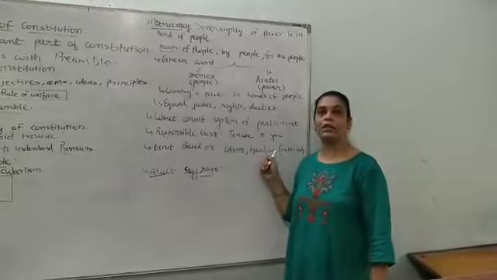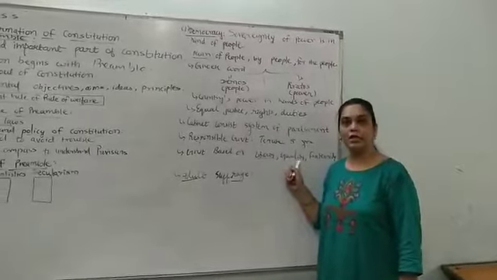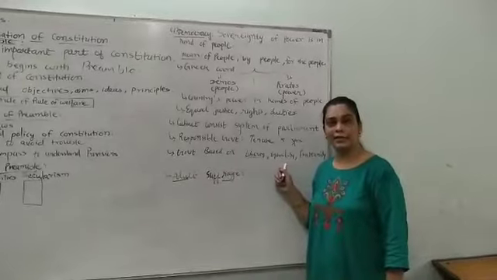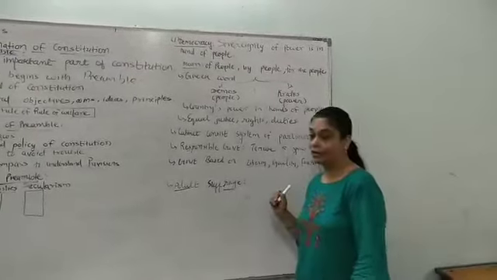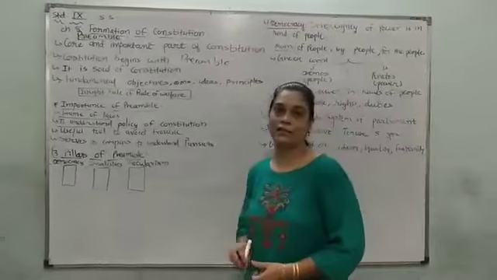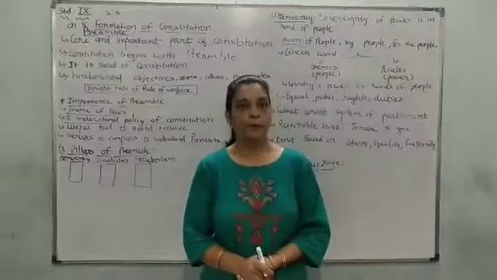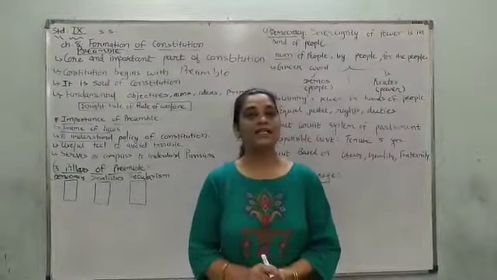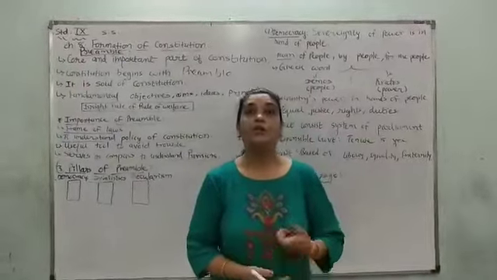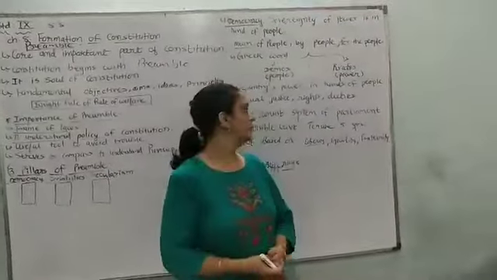All are equal in the eyes of law, irrespective of their religion, caste, creed, gender, language, etc. And then fraternity. Fraternity means oneness. We all are together, we are all brothers. We all are united. These are the 3 feelings and qualities on the basis of which democracy runs.